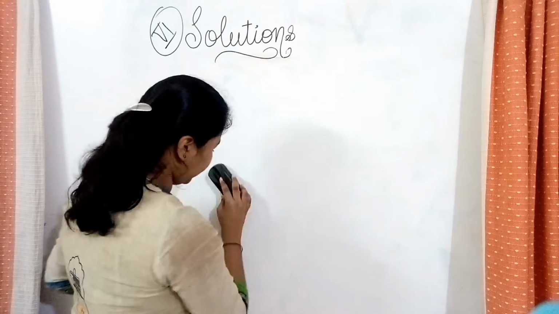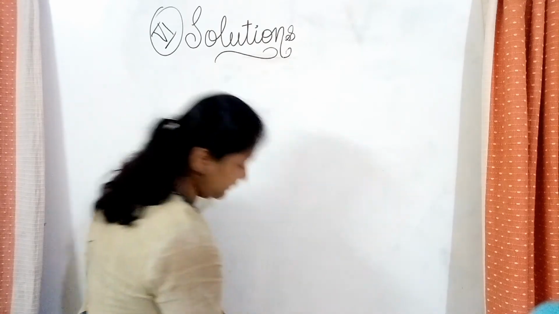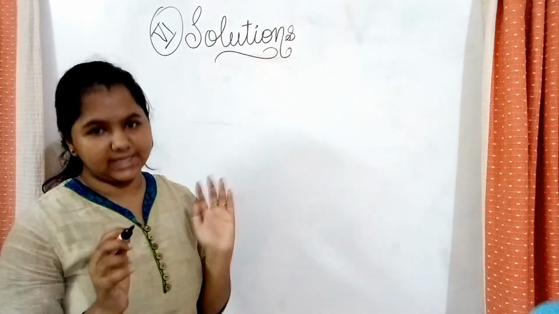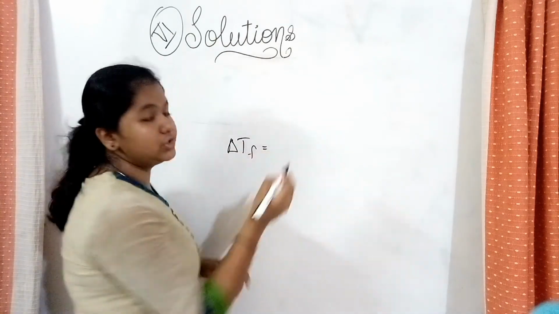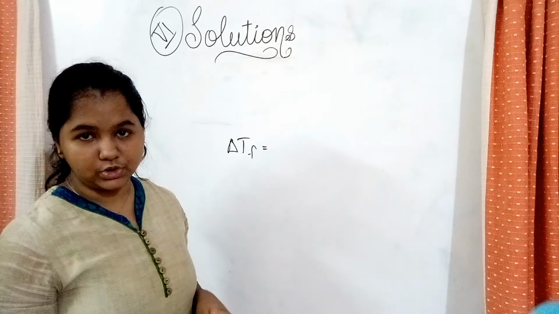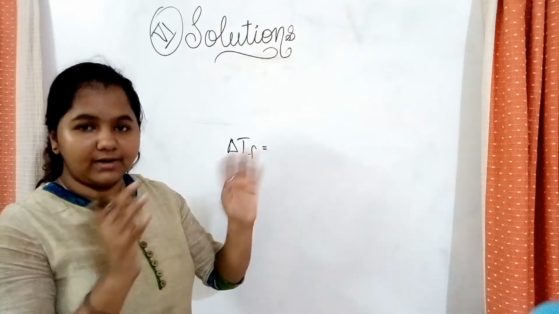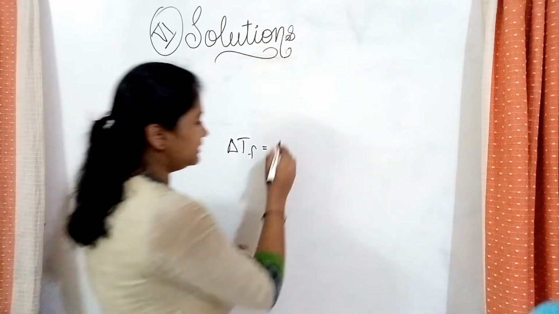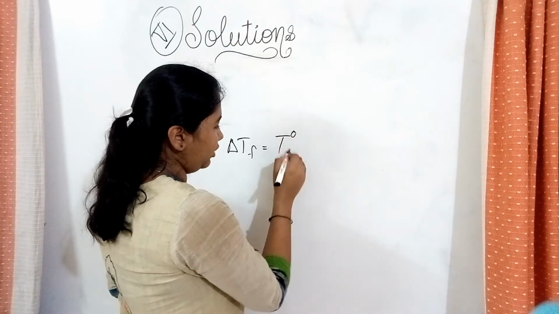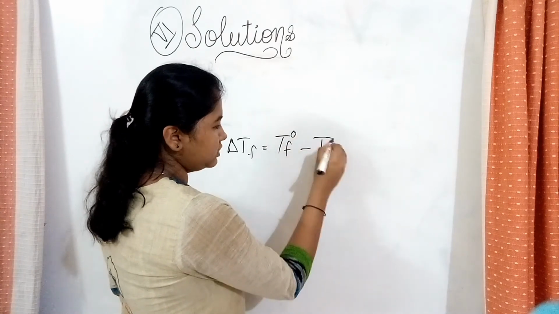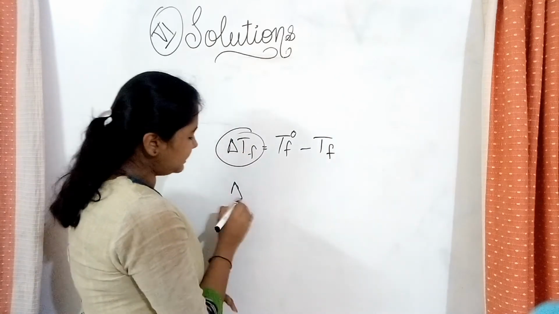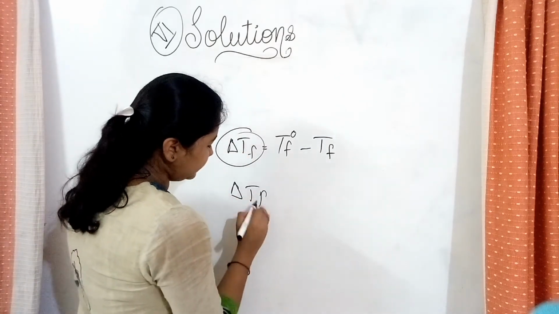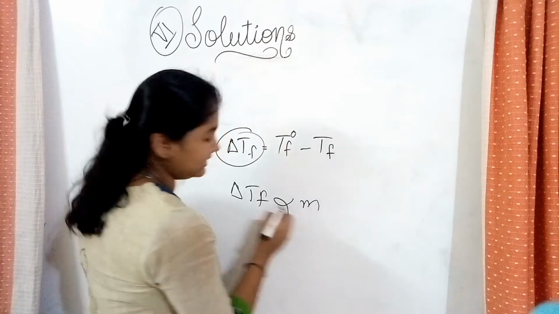We have to find the relation for delta T_F. Delta T_F is equal to the higher freezing point minus the lower one, that is T0_F minus T_F. This delta T_F is proportional to molarity.